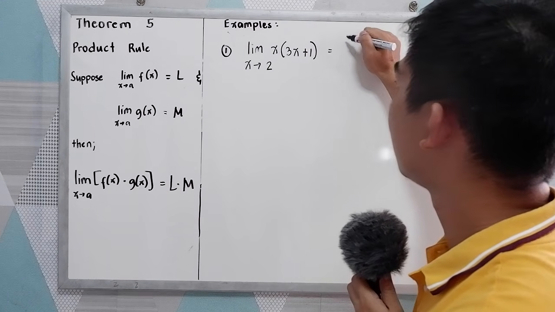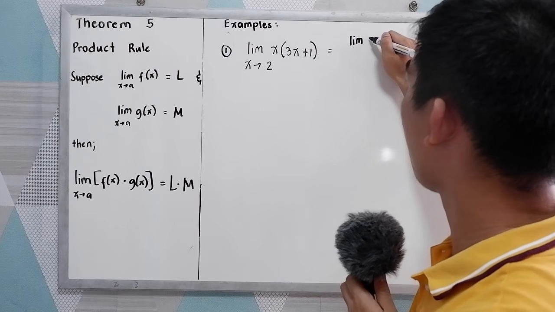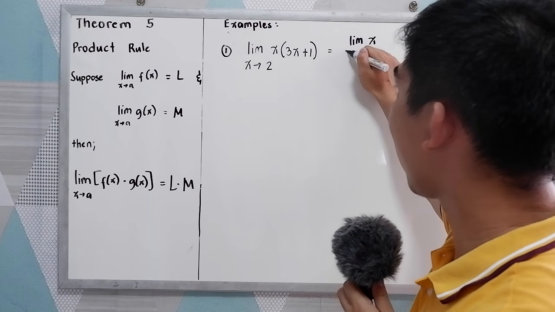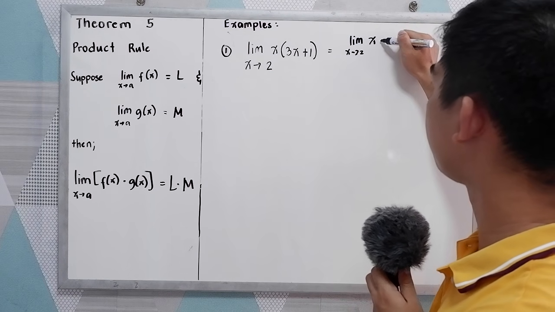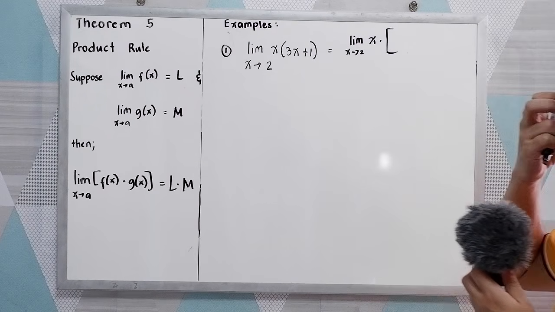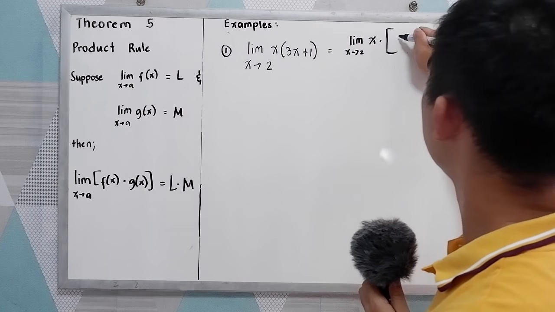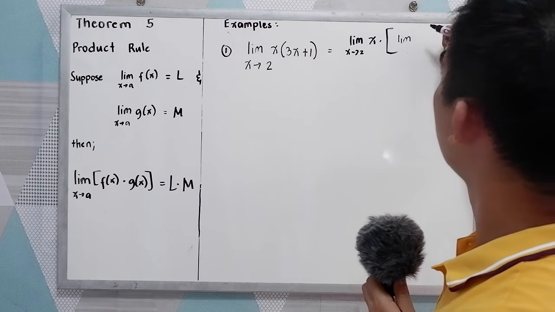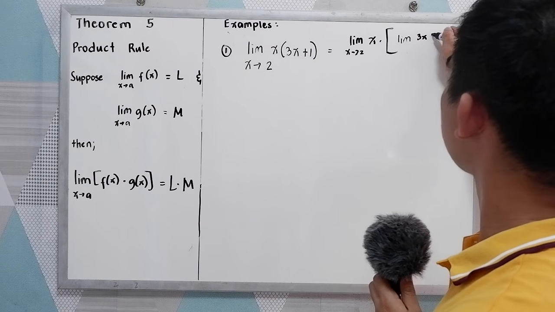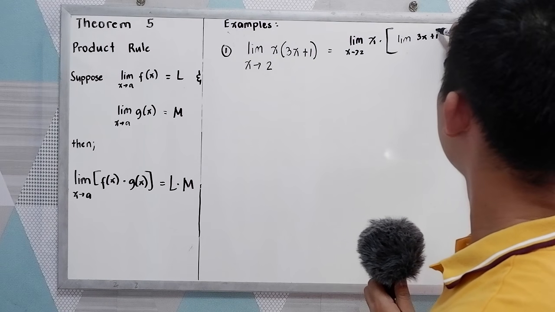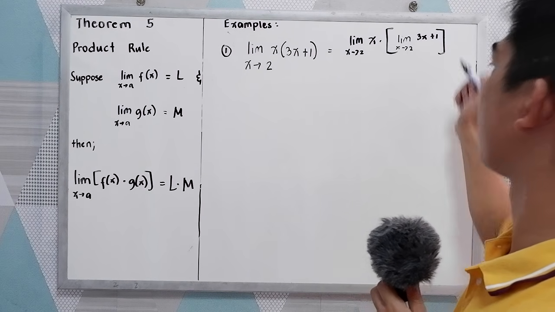So that is equal to the limit of x as x approaches 2 times the limit of 3x plus 1 as x approaches 2.